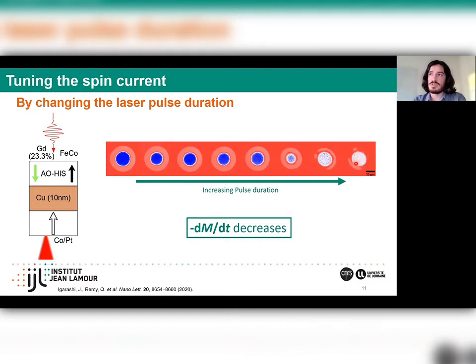And this white color basically means that the overall magnetization is zero. This is because I have a multi-domain state with random domains pointing up and down everywhere in this region. So the spin current not only allows the magnetization reversal, but it also prevents the formation of this multi-domain state.